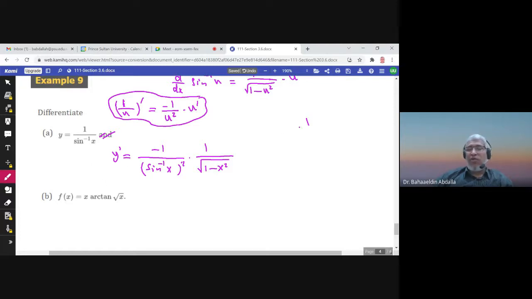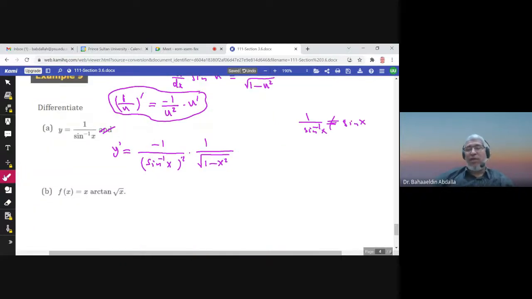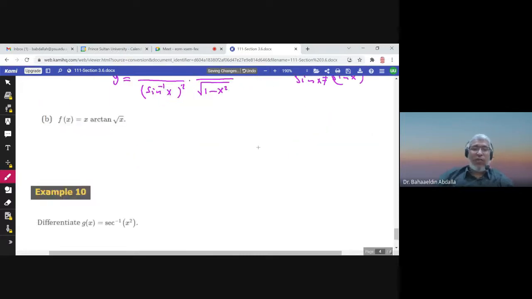Remember, 1 over sine inverse x is not sine x. This is not true, because sine inverse is this function. This is the definition of sine inverse. It is not 1 over sine. 1 over sine would be sine x to the power minus 1. So sine x to the power minus 1 is not sine inverse x. There is a difference between them.